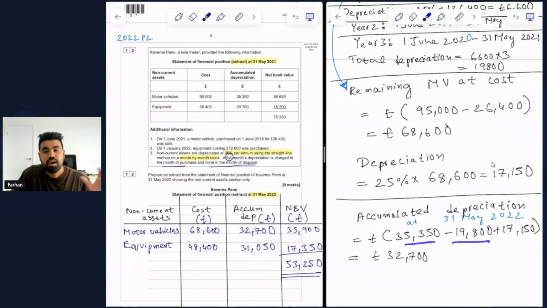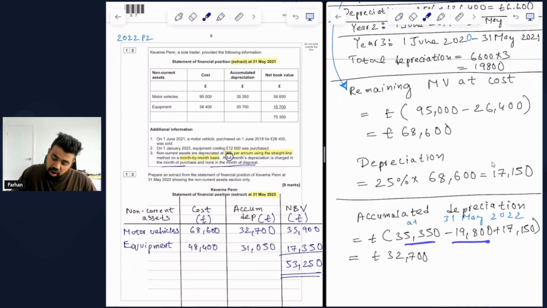Why? Because the motor vehicle that we have sold, or disposed, had a total depreciation of £19,800, which refers to total depreciation calculated over 3 years of usage, starting 1 June 2018 and ending on 31 May 2021.